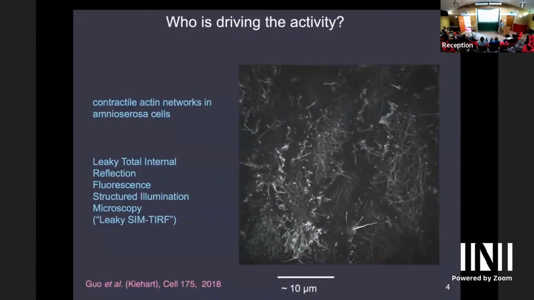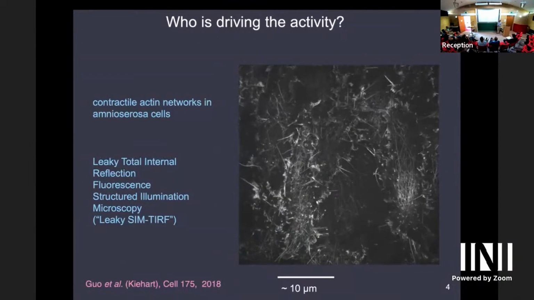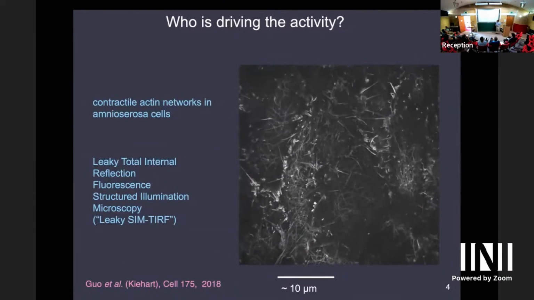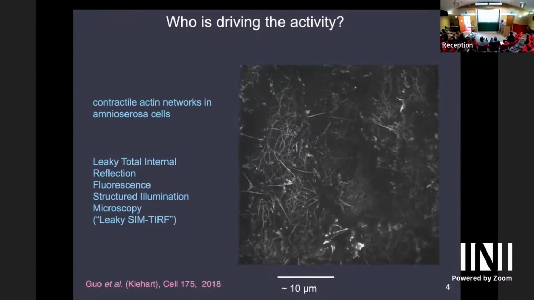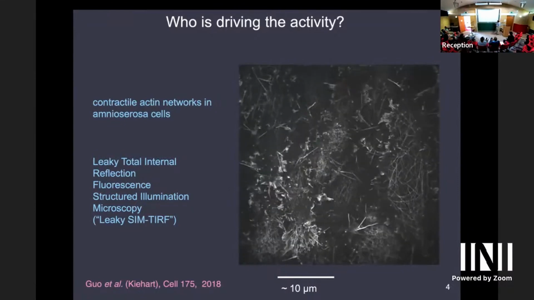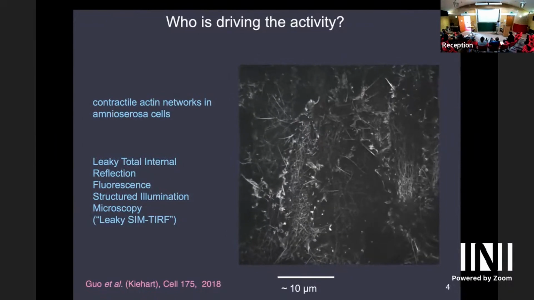And in this paper from a couple of years ago, in this large collaboration with people at Janelia, including Eric Betzig and Jennifer Lippincott-Schwartz, here we go. They looked at this process and zoomed into the amnioserosa while the process was going on.